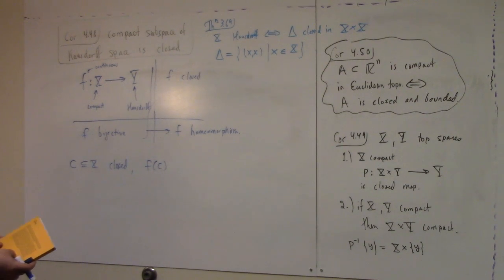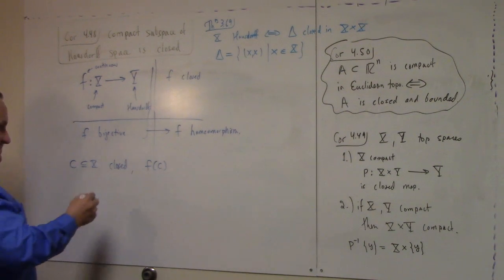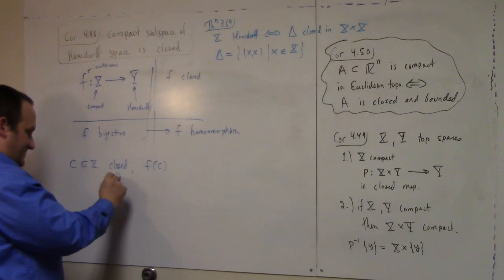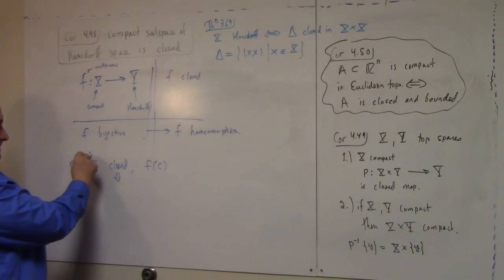I think I've erased the relevant theorem. What can we say? If it's closed in a compact set, what does closed imply? X is compact.